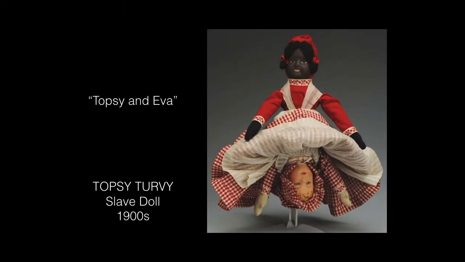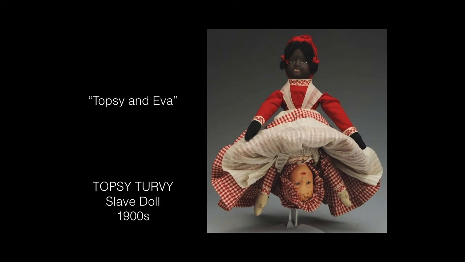Another very curious artifact from this period is the Topsy and Eva doll. And there's a lot of misunderstanding about how this doll was used or what it meant. They were common playthings for young girls. Topsy and Eva was a blackface comedy routine.